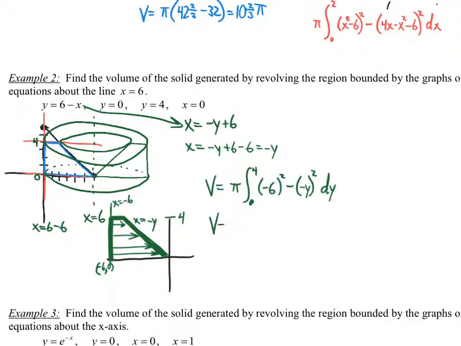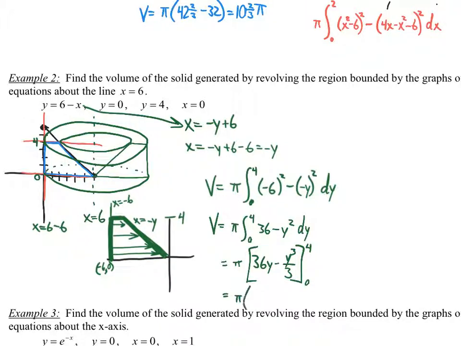So just to finish this out, V is pi times the integral from 0 to 4 of 36 minus y squared dy. We have 36y minus y cubed over 3 evaluated from 0 to 4. When we plug in 0, it's all gone.